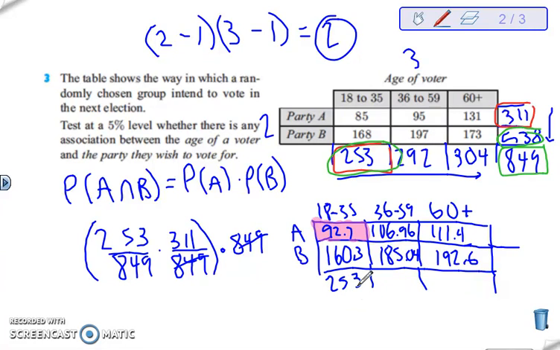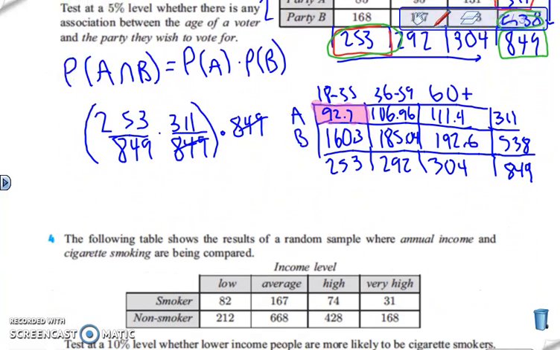If I add my 36 to 59 column, it should give me 292. 304 goes here. 311 goes here. 538 goes here. And then finally 849. So since all of that matches up, I can be pretty confident that I did everything correctly. Alright, so that's our expected value table.